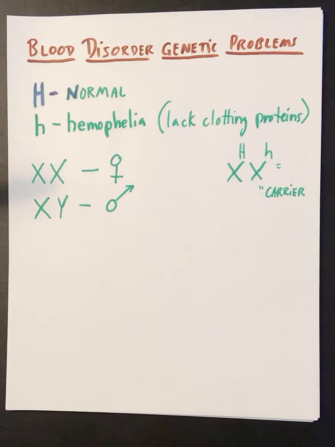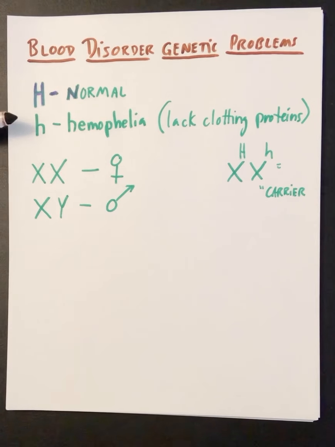So some nomenclature for you. Capital H is going to represent the allele, or the form of the gene, for normal blood condition, in this case having proper clotting proteins, clotting factors they called.